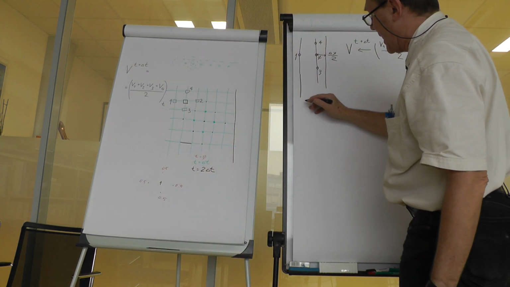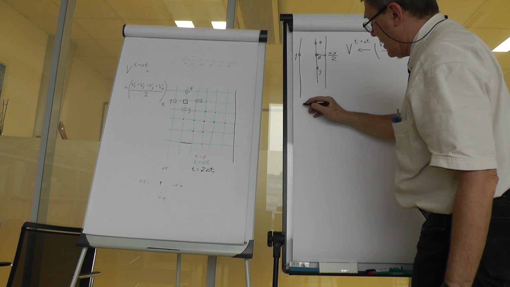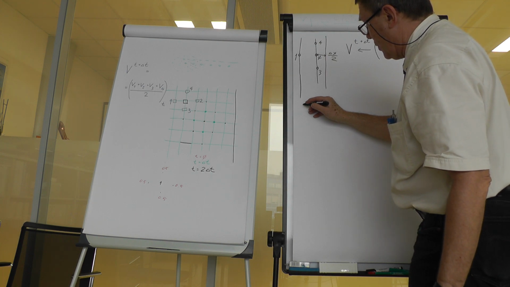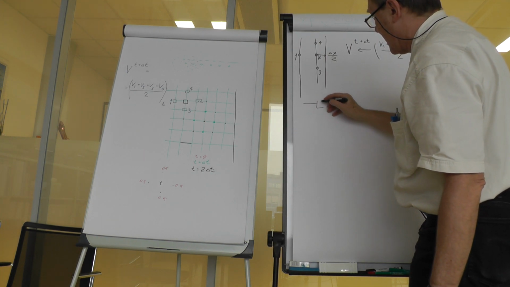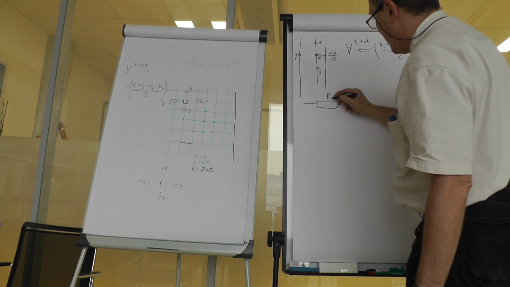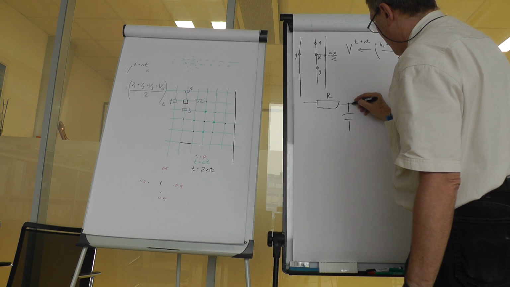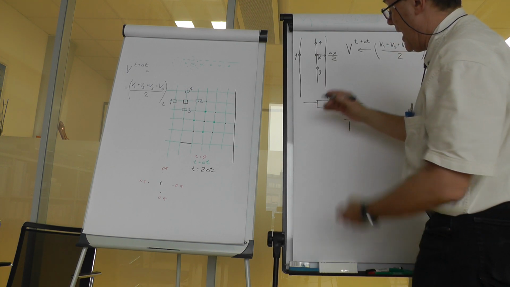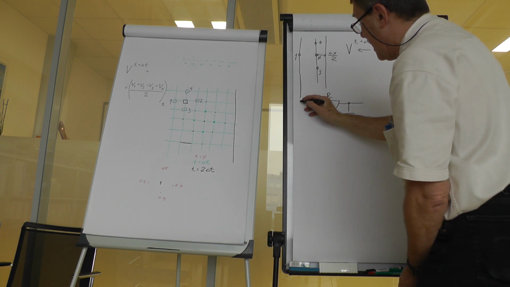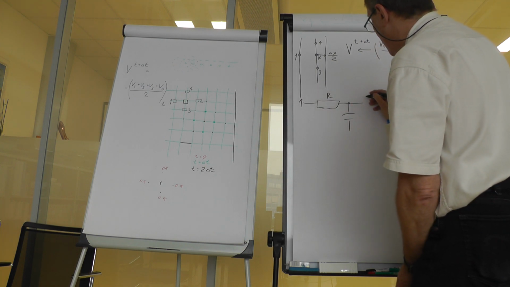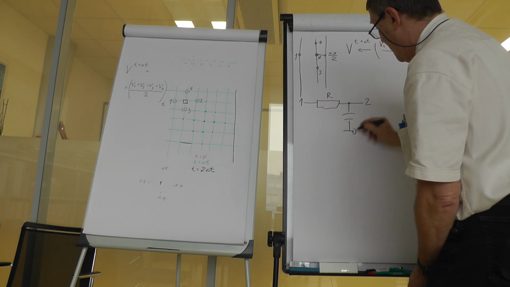So you had, for example, in order to represent a circuit like this, a resistor and a capacitor, you would have a netlist. You had node 1, node 2, and node 0.